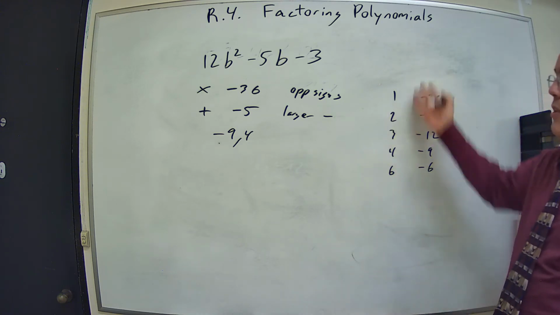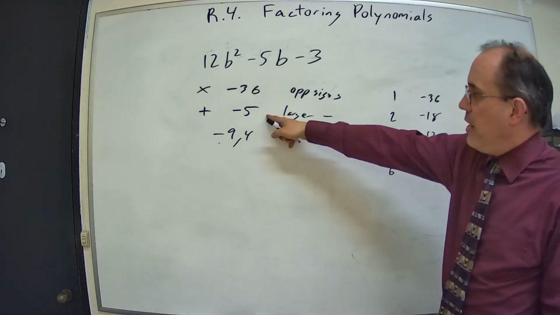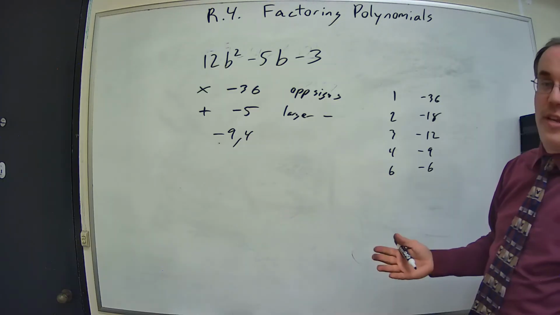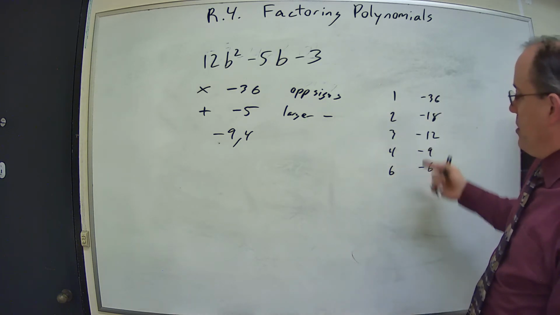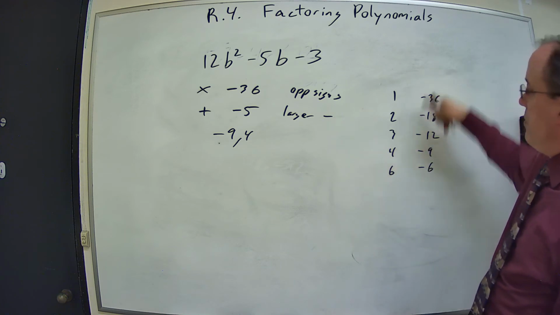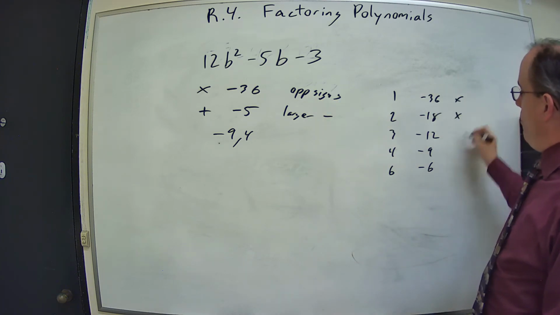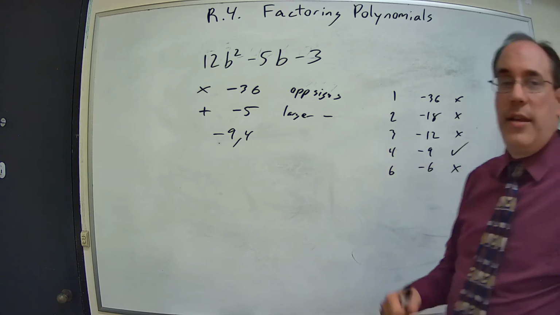I don't have to go any further because I know that my negative number has to be larger for it to add to a negative value. So that's very important that we notice that. So now I say, okay, which ones of these add up to negative 5? Nope, nope, nope, yep, nope. So it's 4 and negative 9.